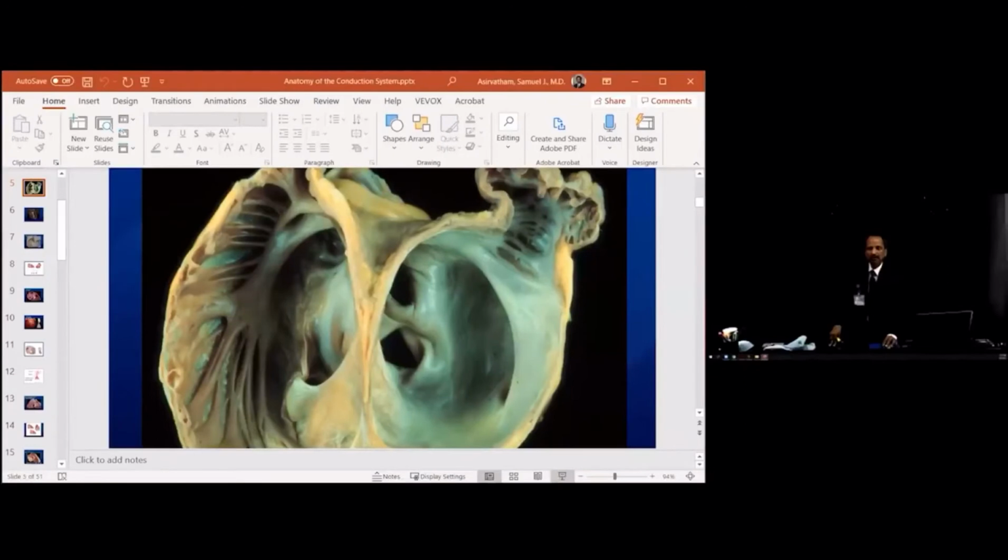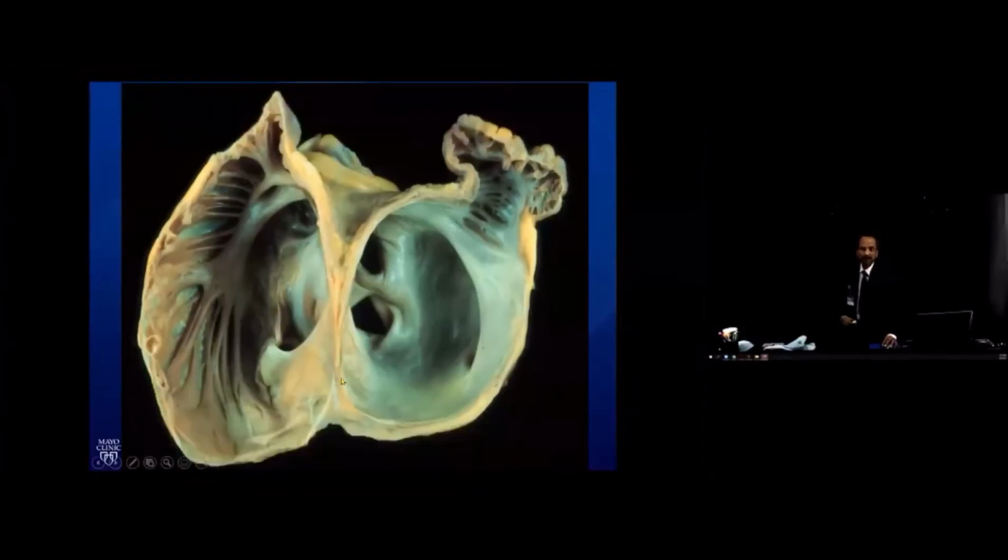So just to understand the concept of these inputs to the AV node: notice that if any myocardium wants to reach the AV node, whether it's anterior inputs or posterior inputs, it has to start off the septum and then eventually encroach onto the septum to reach the AV node.